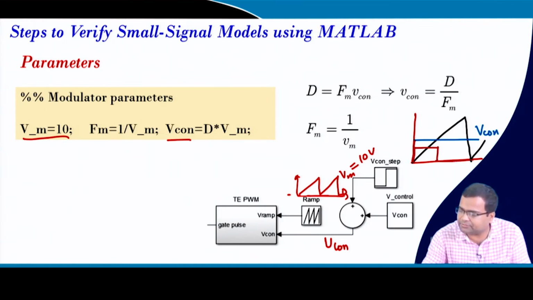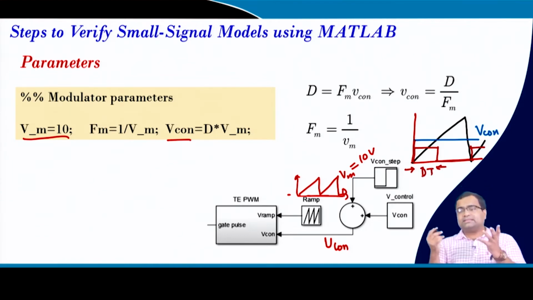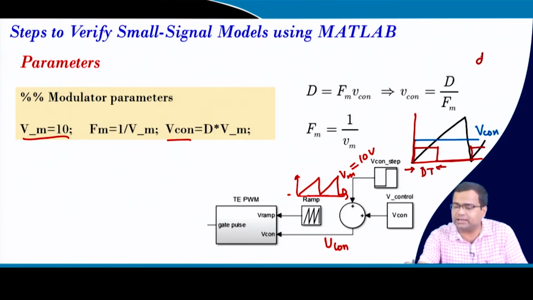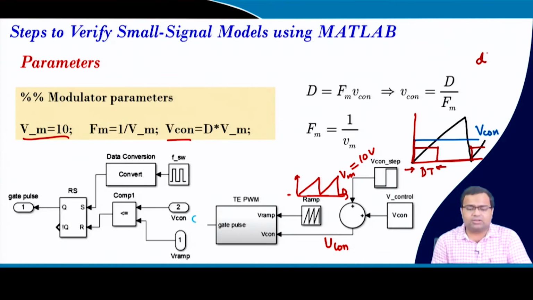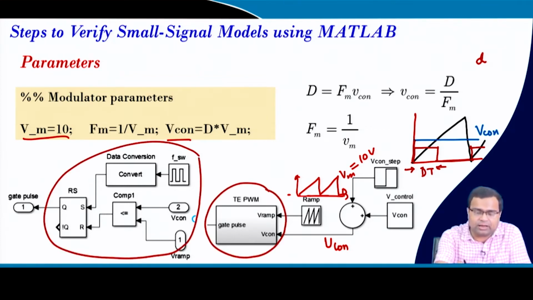This will be my D into T. You can say instantaneous duty ratio is D, and if it is steady state duty ratio, it will be capital D. So, the logic inside the trailing edge PWM is implemented here. This is the block which is implemented.